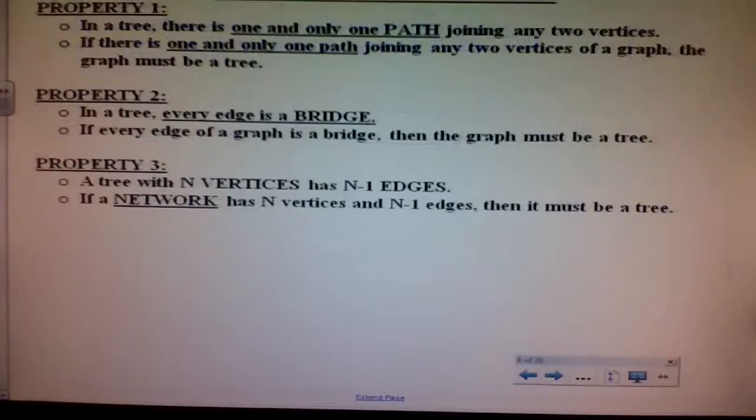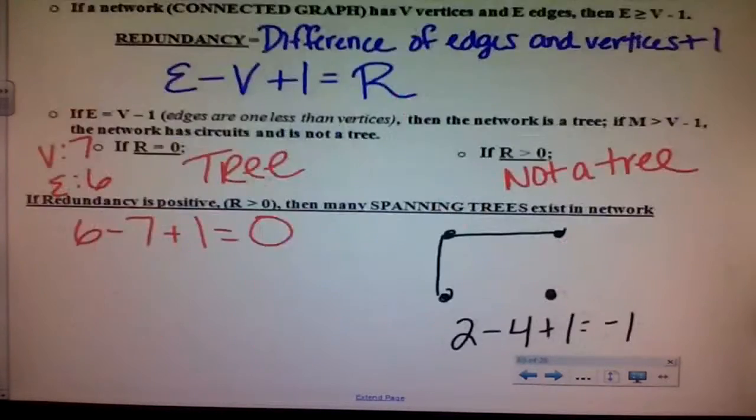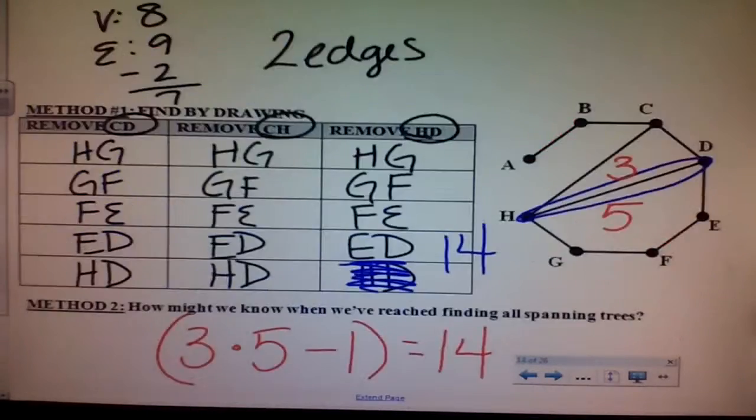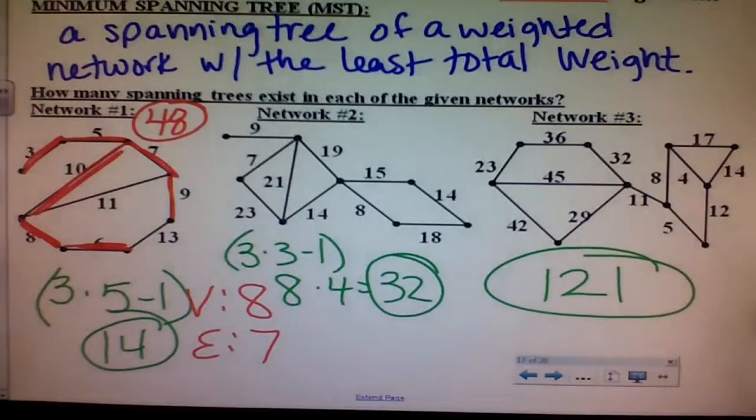Okay, so let's look at the next one. How many edges do I need? Again, I've got 8 vertices, so we need 7 edges. Which edges are we going to use in this picture? Careful, 8's not your smallest. 7, then 8, then 9.